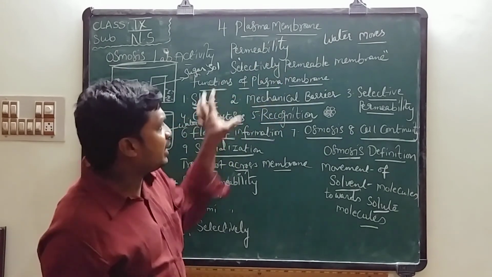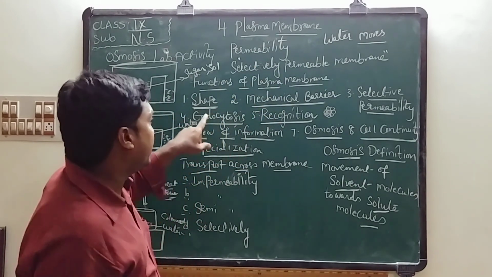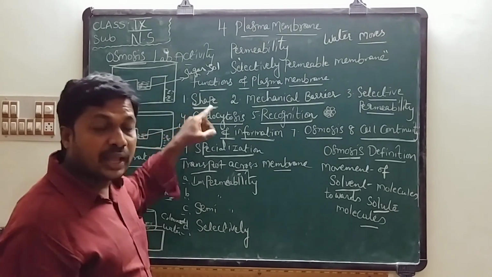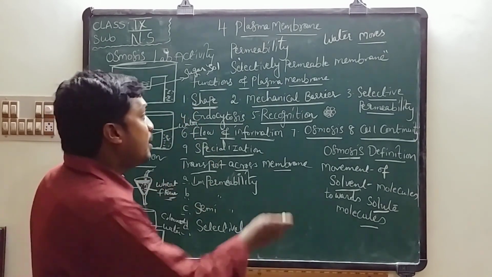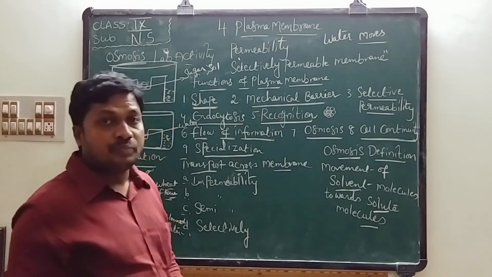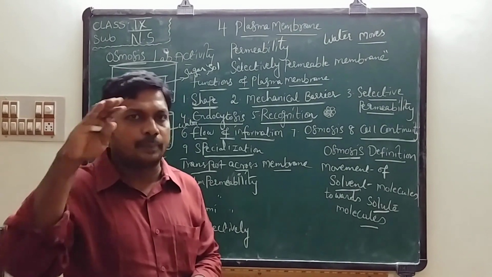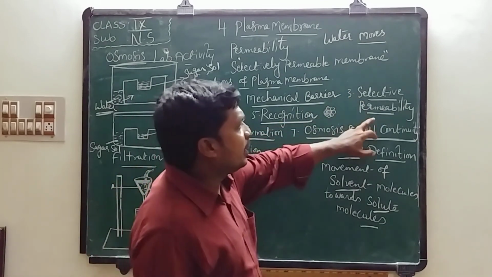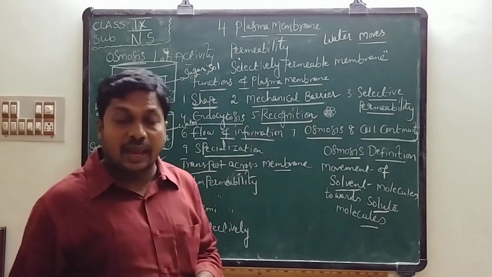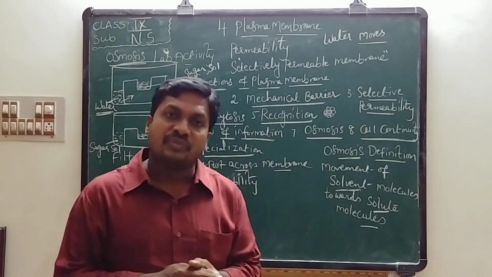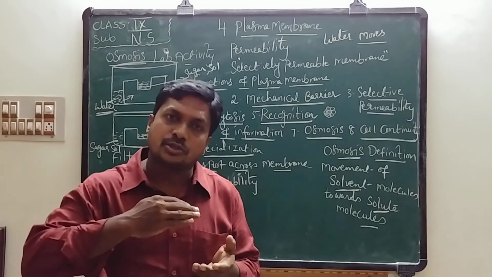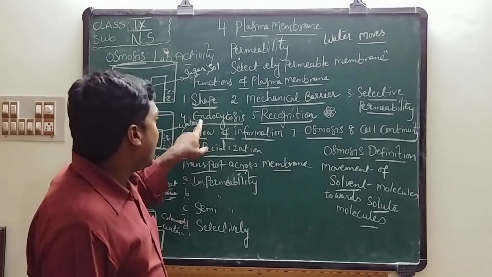Once again, I repeat the functions of plasma membrane, very important. Shape: it gives a particular shape to the cell. Mechanical barrier: it protects the inner contents of the cell from the external environment. Selectively permeability: it allows certain materials to inside and sends waste materials to outside.